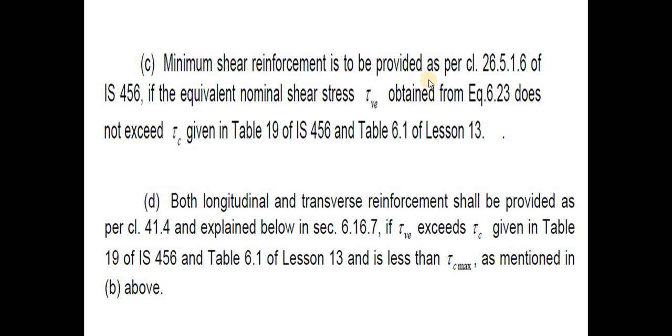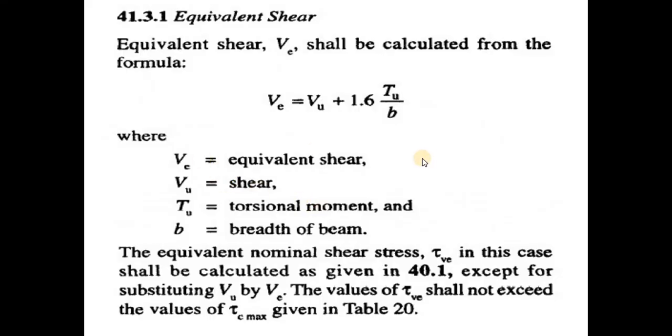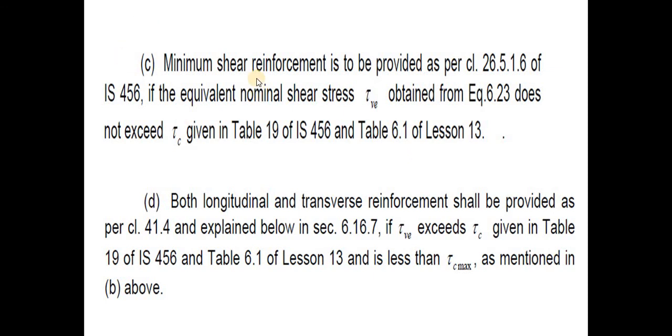Minimum shear reinforcement shall be provided according to clause number 26.5.1.6 of IS 456 if the equivalent nominal shear stress tau VE obtained from the equation which I have given does not exceed tau C. So if this equivalent shear is very small, the minimum reinforcement shall be provided accordingly.